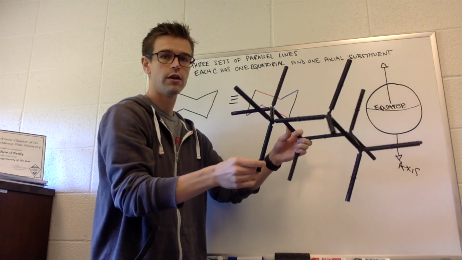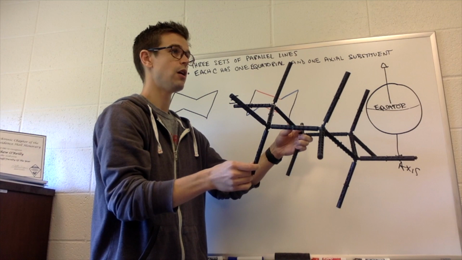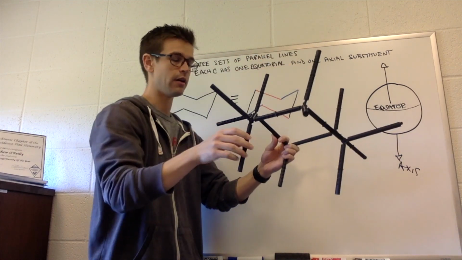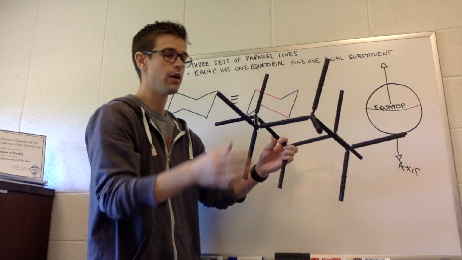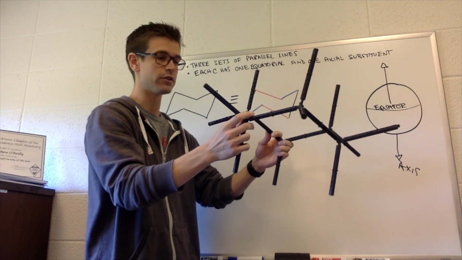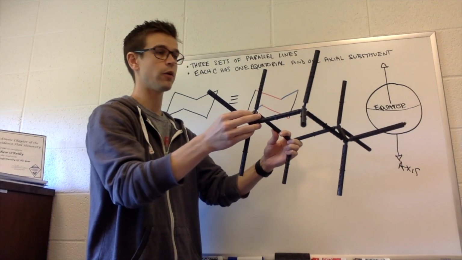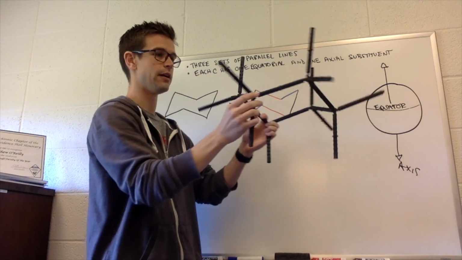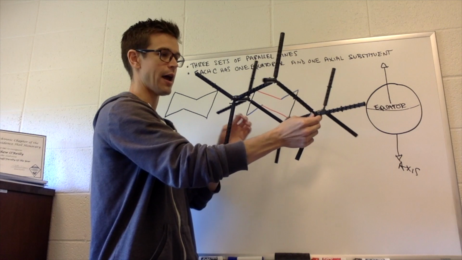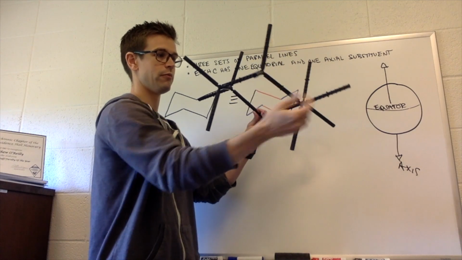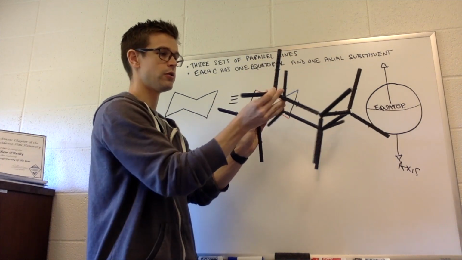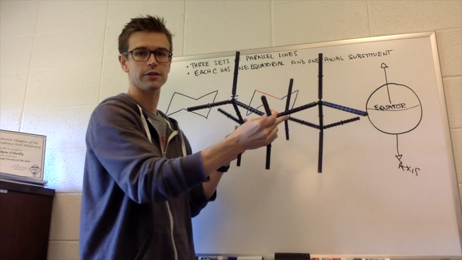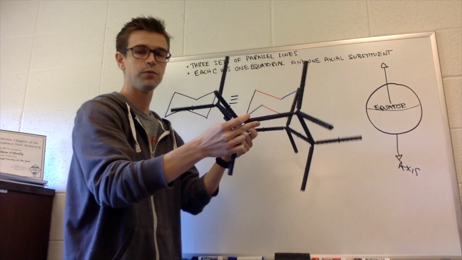Those are all axial. They're along the axis, up or north and south. What about the equatorial substituents? Well, they are going east and west. So this one's far out east, this one's far out west, and as we spin it, we see that we have an equatorial proton on each of the carbons, and each of the carbons also has an axial proton.